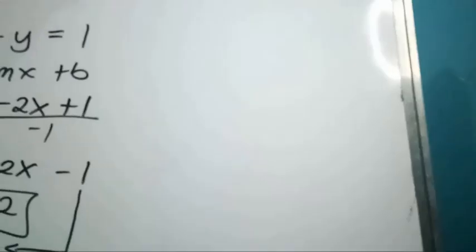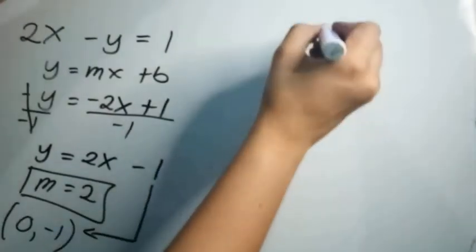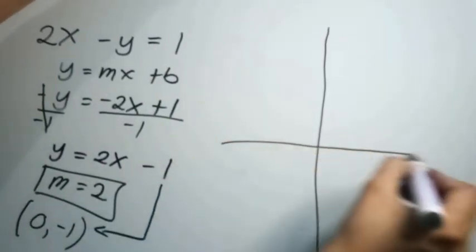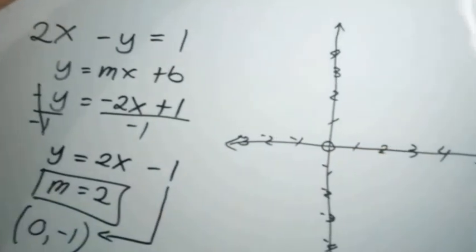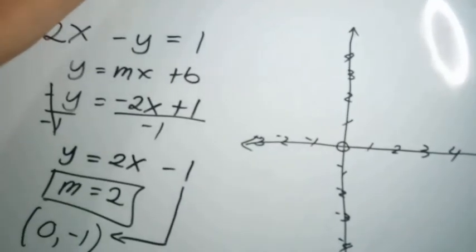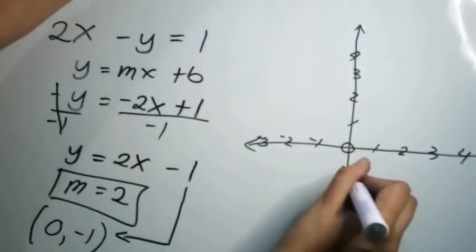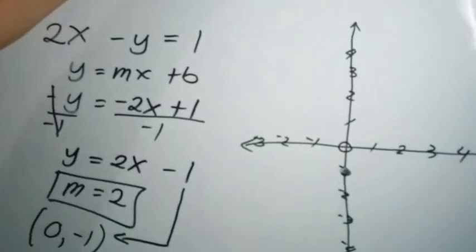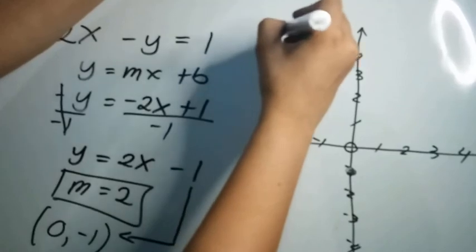So let us graph this equation. Let's create a Cartesian plane. First, we're going to plot the point (0, negative 1). So this will be the point. Then by the use of the slope that we have, positive 2, m is equal to 2.